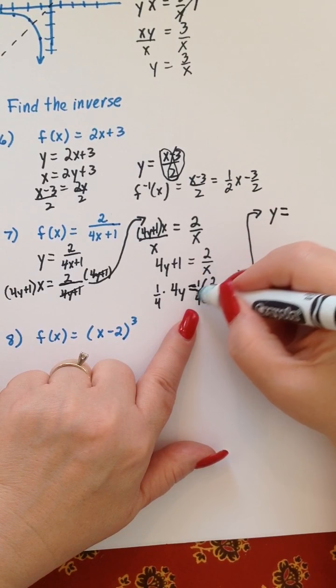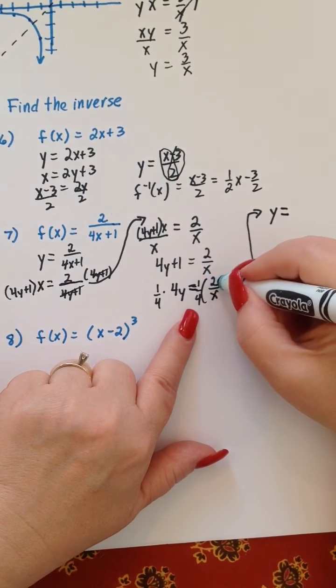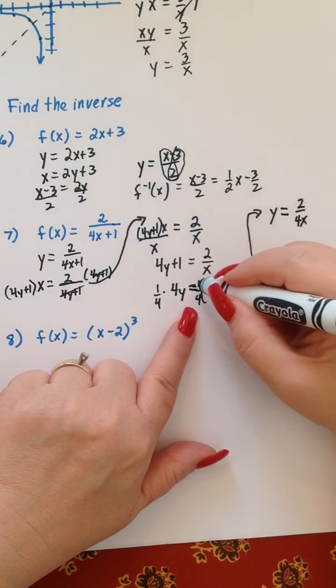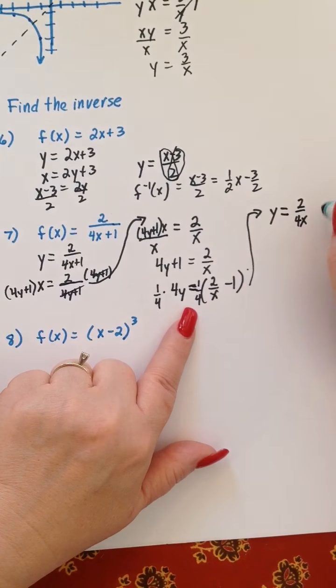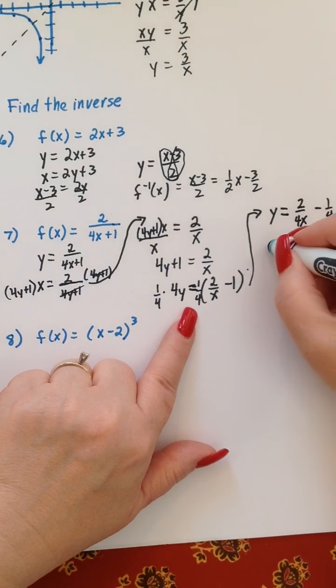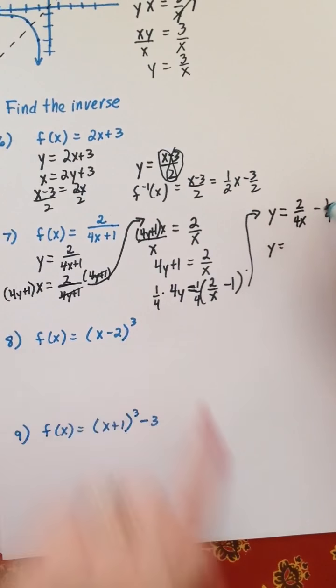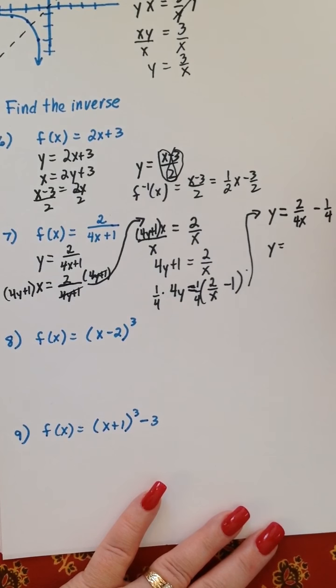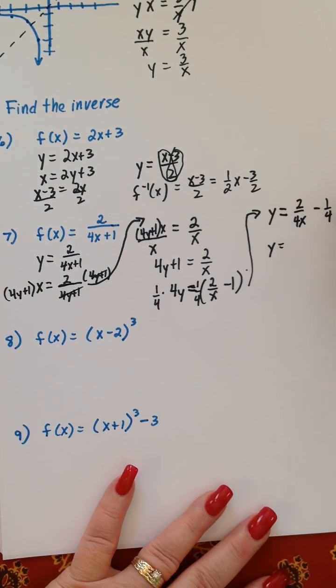1/4 times 2, you just multiply straight across, which gives you 2 over 4x. And then 1/4 times -1 gives you just -1/4. Would you agree with me that 2 over 4x, well, let's just say we are trying to simplify this a little bit and write it as one fraction instead of two.